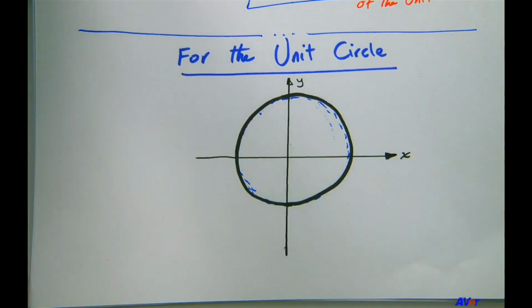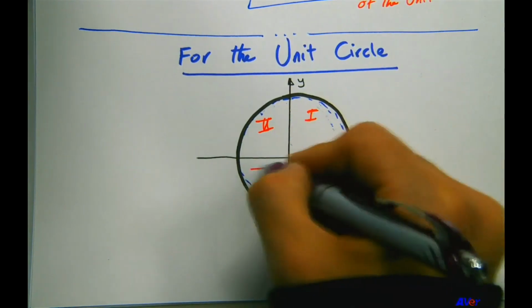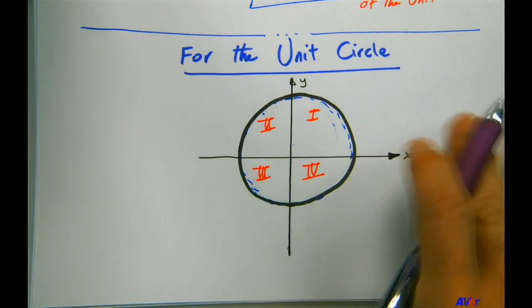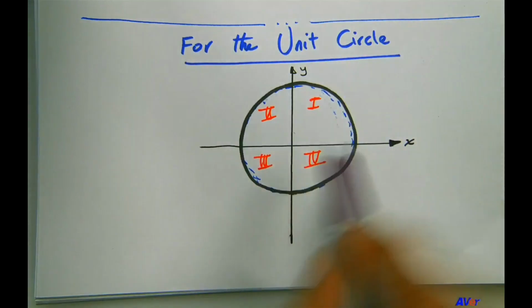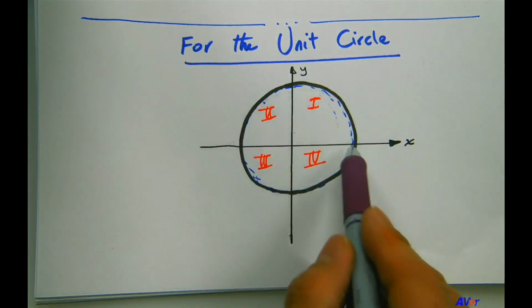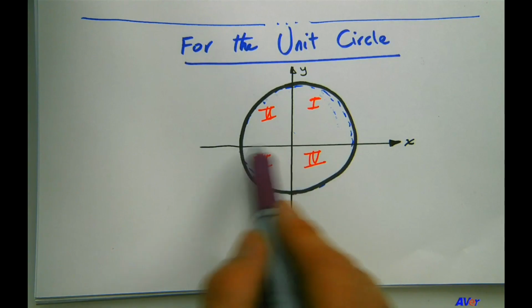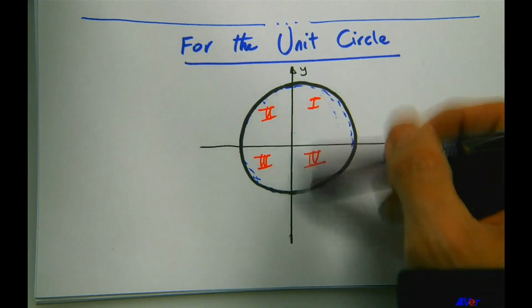Like that. So we have the first quadrant, second quadrant, third quadrant, and the fourth quadrant. Just remember, because of this going around the circle, you keep changing from the positive x-axis to the negative side of the x-axis, and from the positive side of the y-axis to the negative side of it.